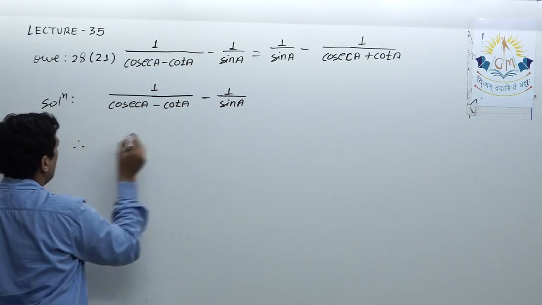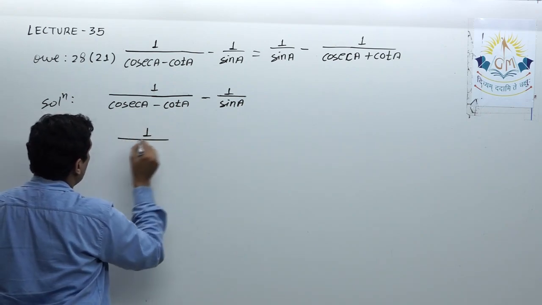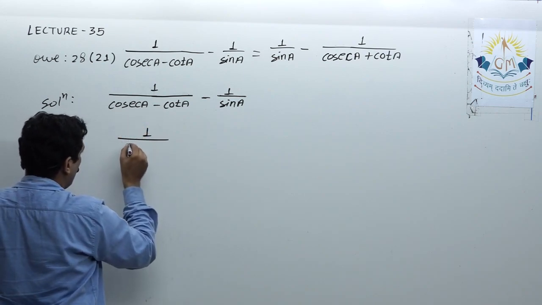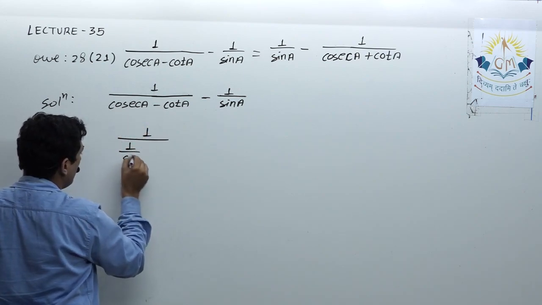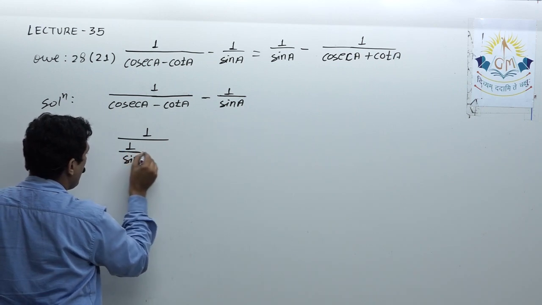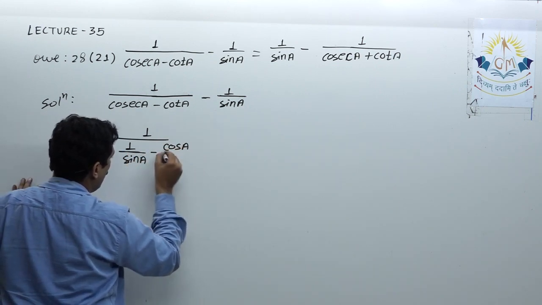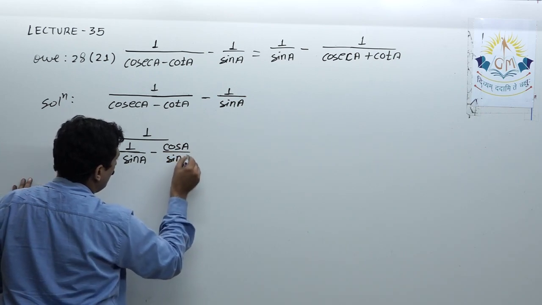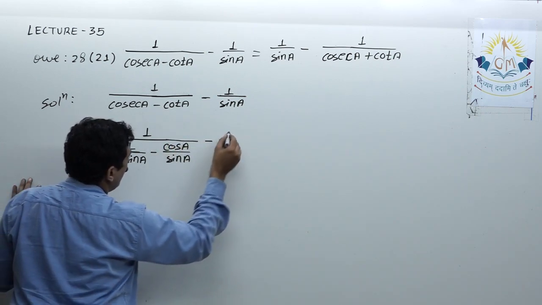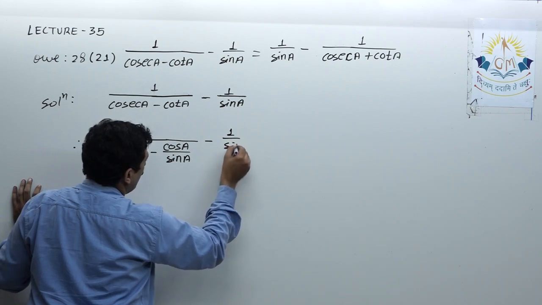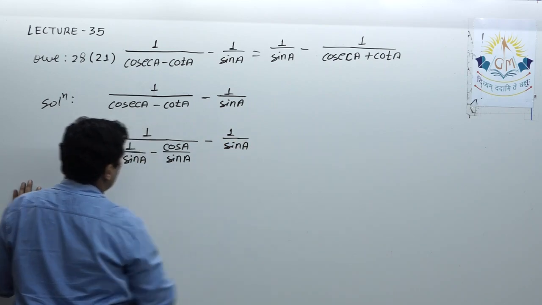So this will become, see, cosec A can be written as 1 upon sin A, minus cot A can be written as cos A upon sin A, minus 1 upon sin A remains as it is.